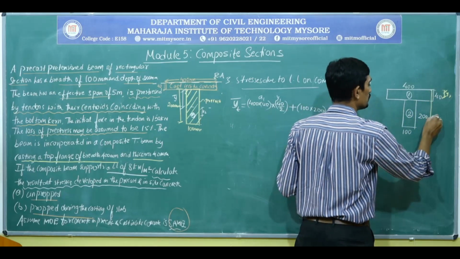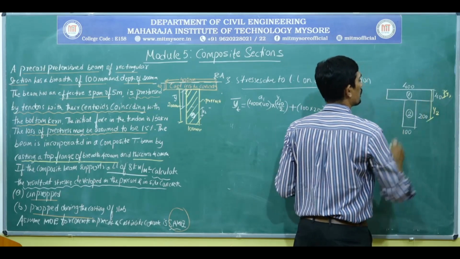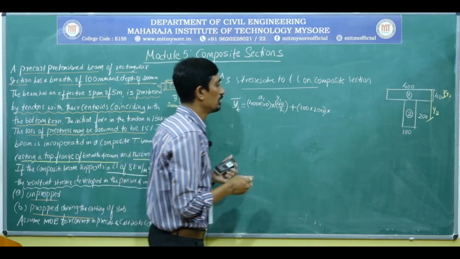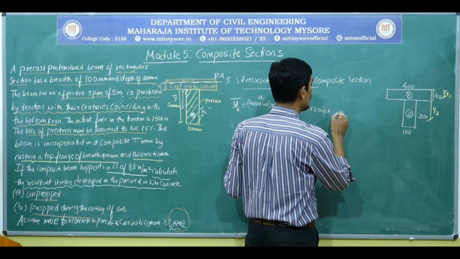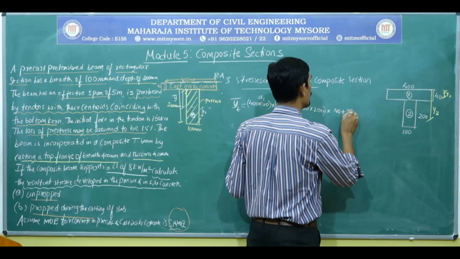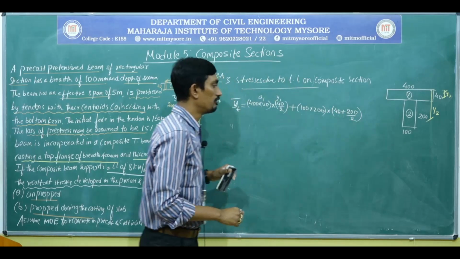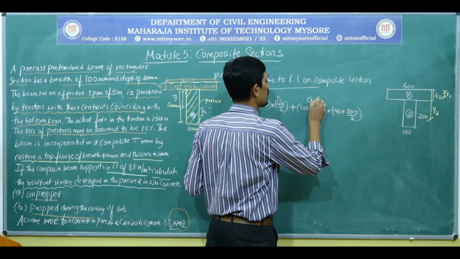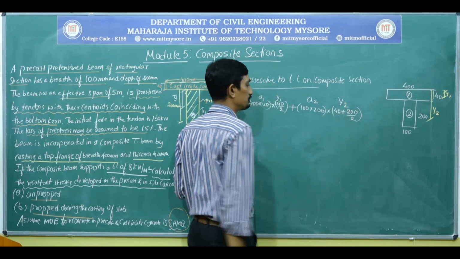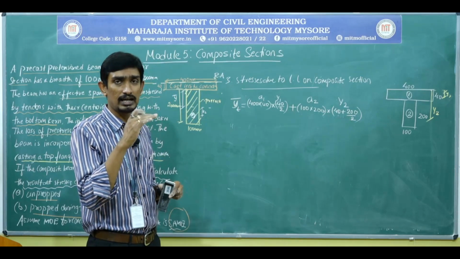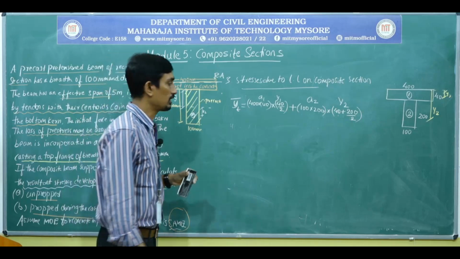Because I am measuring from the top, Y2 is 40 plus 200 by 2. So this is your A2 and this is your Y2, because for a rectangular section the centroid lies exactly at the center.